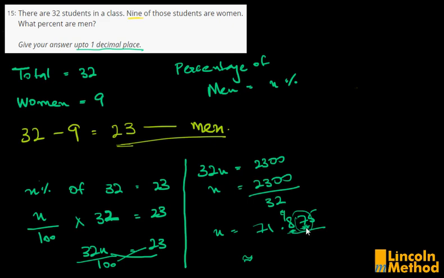So since 7 is more than 5, we're going to round off this number right before 7 to the nearest 10, and what we get is 71.9. This is 71.9. In fact, let me write this again. So 71.9%. What percent are men? 71.9% of them are men.